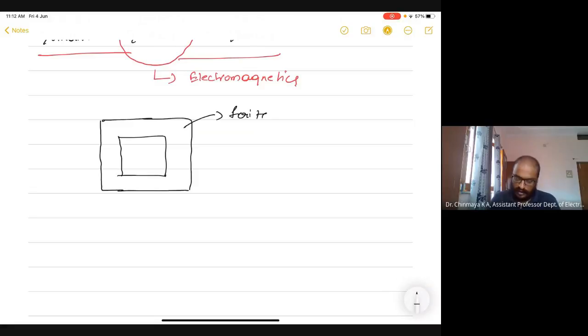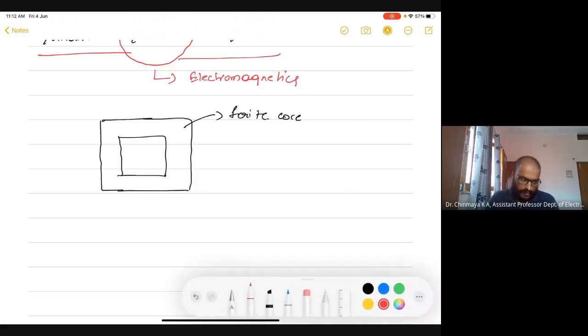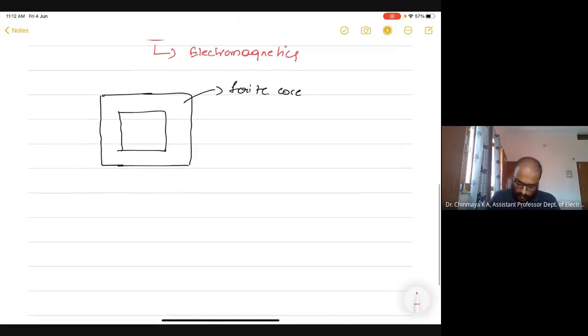The core must be magnetic in nature so that the magnetic field will be created inside the core. Therefore, the core must be magnetic. The other one is the coil. The coil is of copper.